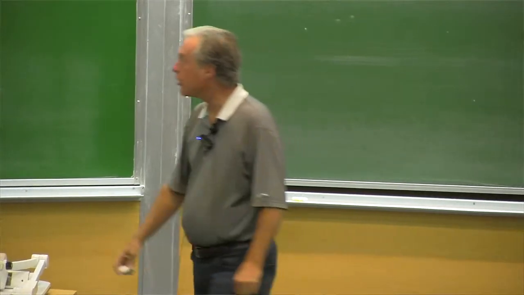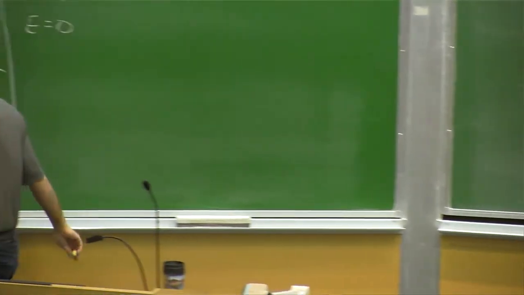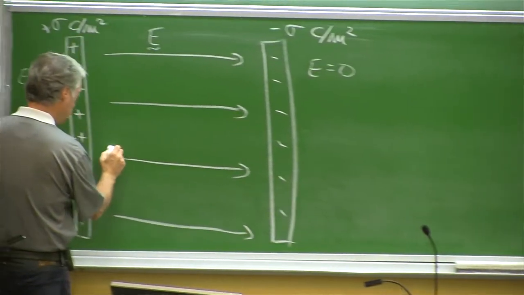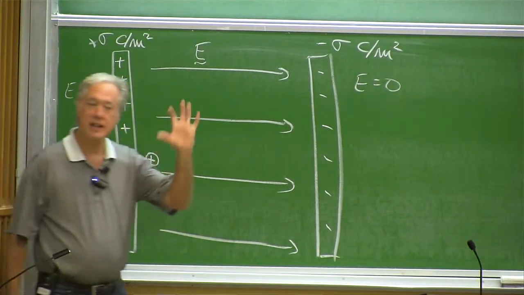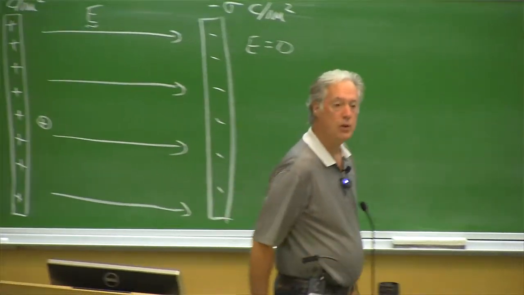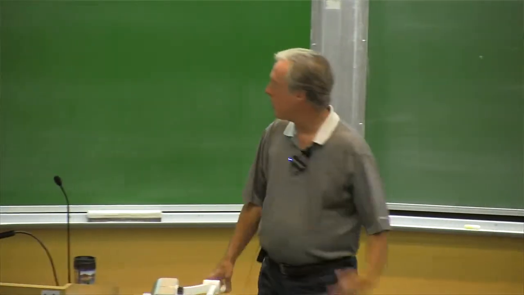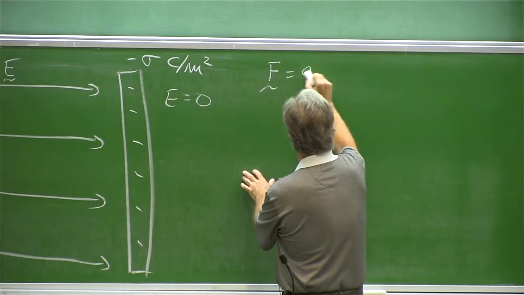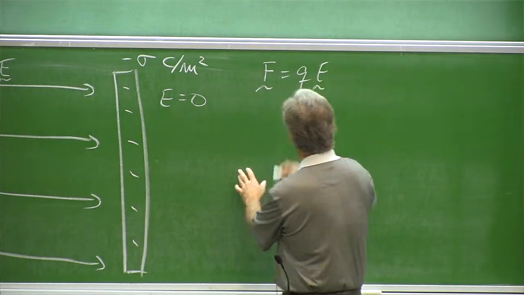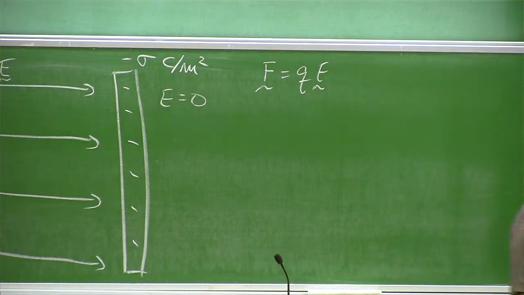Now, let's let go of something. If we put a charge right there, and then let go of it. What's going to happen? We'll look at that charge, and we'll go that F is Q times E. So where will it go?